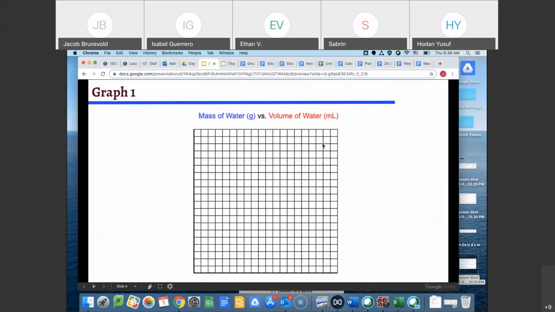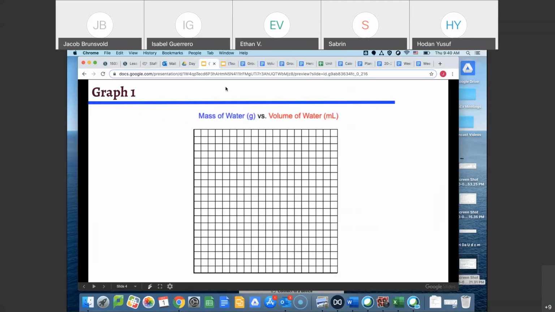So graph number one, mass of water versus volume of water. For this one, go ahead and type in the chat, which variable do you think I'm going to put on the y-axis? Is it going to be the mass or the volume of the water? Go ahead and type that in the chat. Okay, good. Yep.